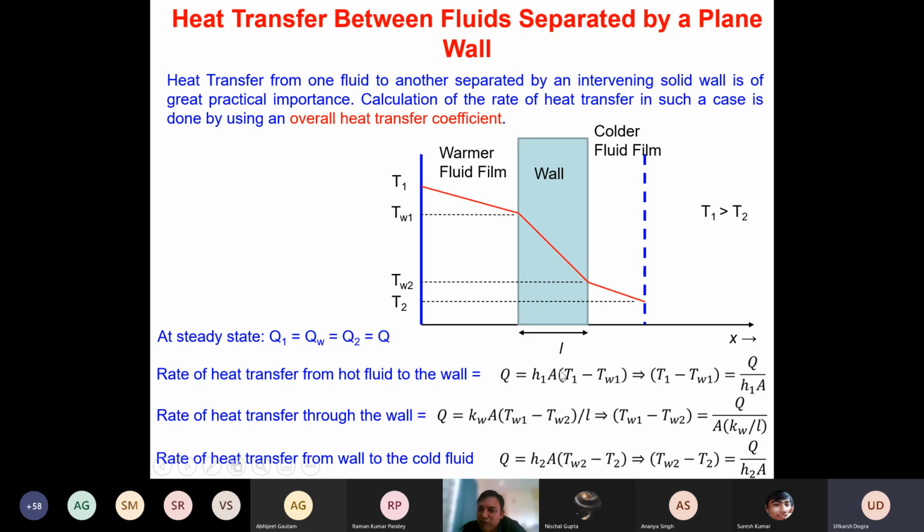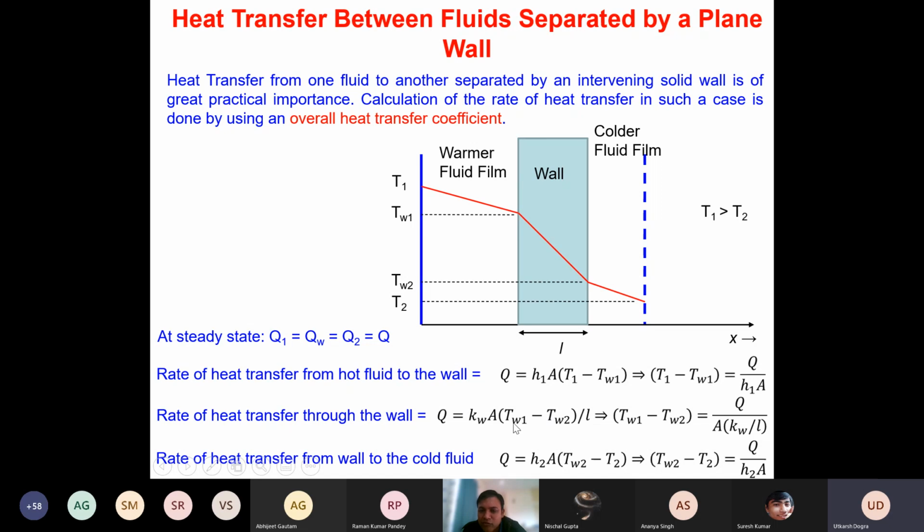We can rearrange and find this temperature difference as T1 minus TW1 equals Q divided by h1 A. Now similarly, we can look at the heat transfer through this wall. So Q is given as KW A into TW1 minus TW2 divided by L. This is the standard Fourier's law of heat conduction: thermal conductivity multiplied by area multiplied by temperature gradient, where L is whatever the length of this wall is.